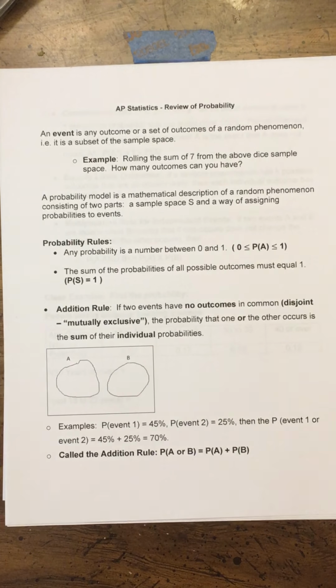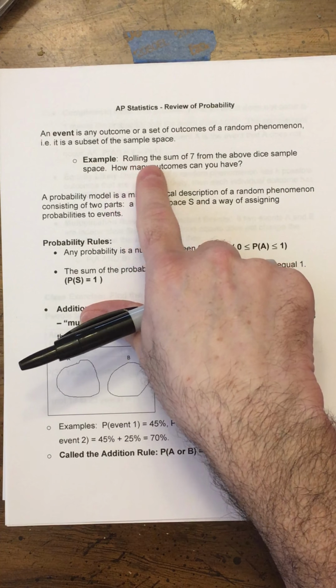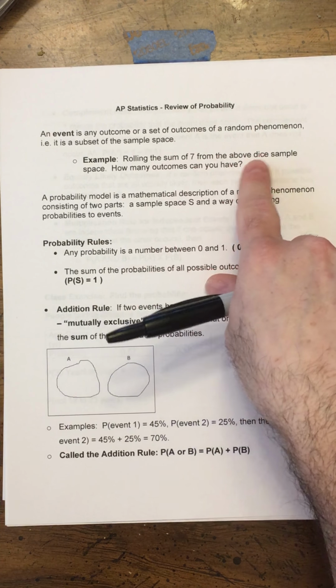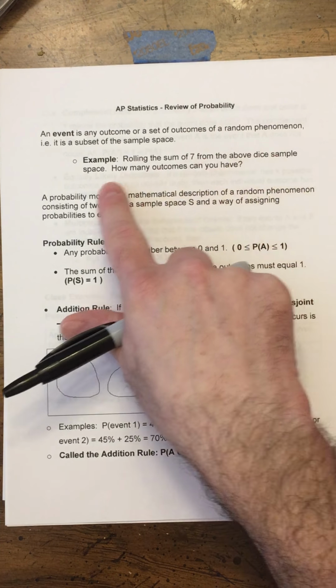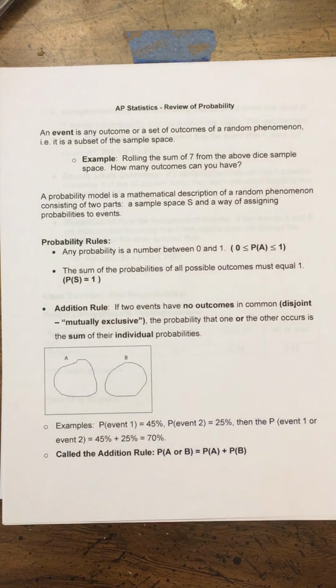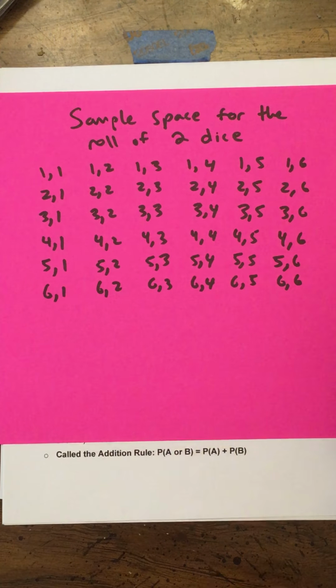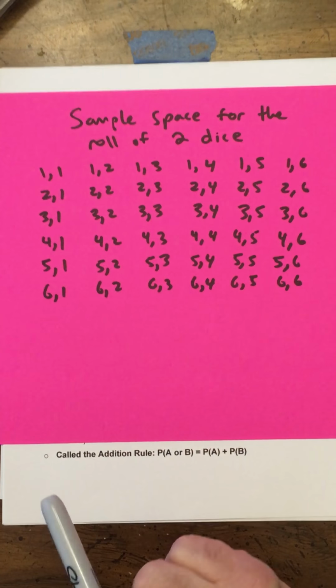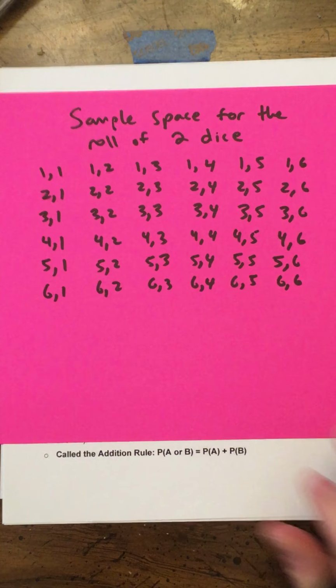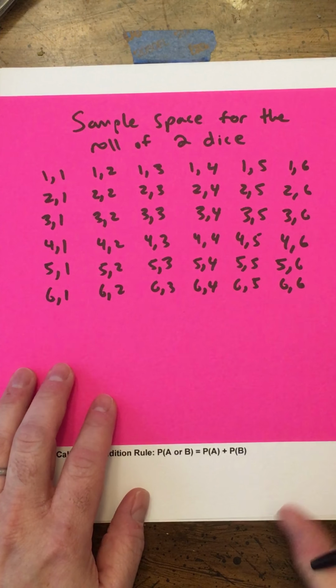An event is any outcome or a set of outcomes of a random phenomenon. For example, it is a subset of the sample space. Example, rolling a sum of 7 from the above dice example. How many outcomes can you have? I wrote that out for you. Here is the sample space when you roll 2 dice, so there are 36 possibilities. When you see all the possibilities, it's very easy to figure out a probability.